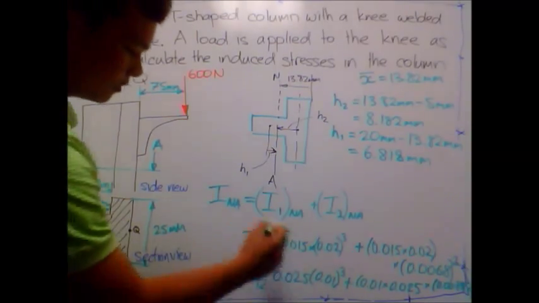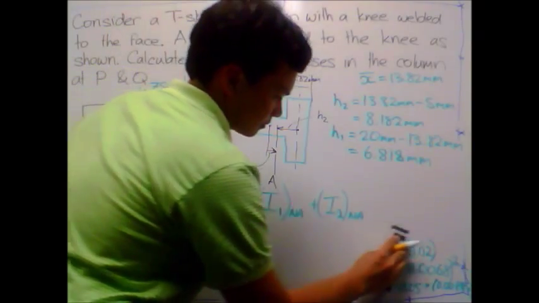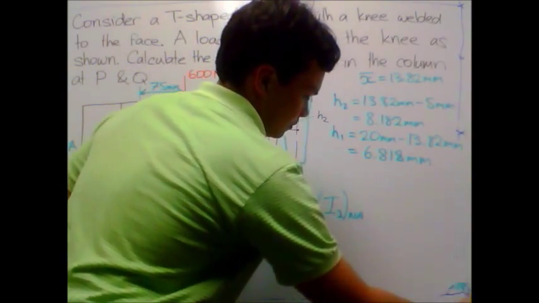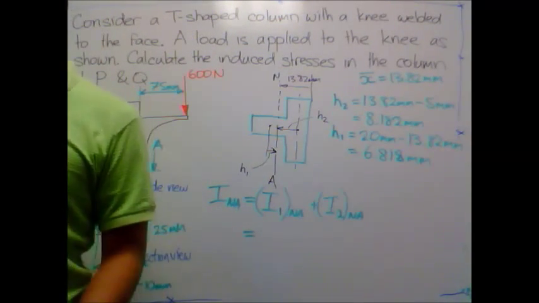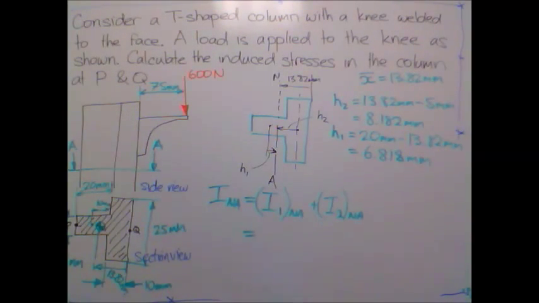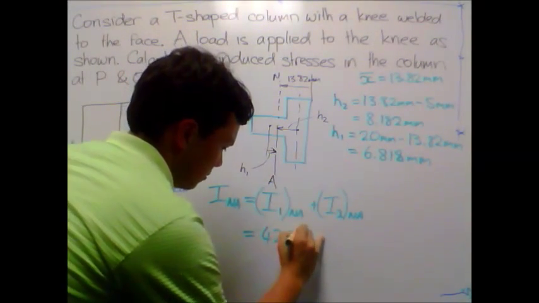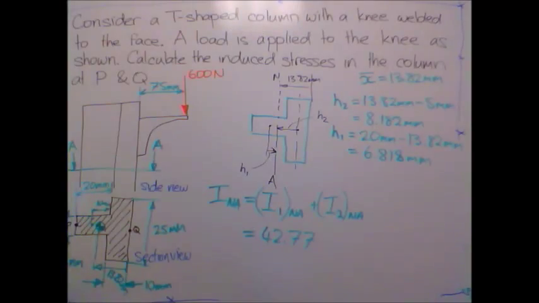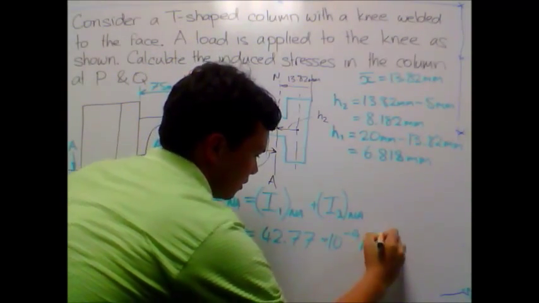So when I evaluate this equation, I get I equal to 42.77 times 10 to the negative 9 meters to the 4.